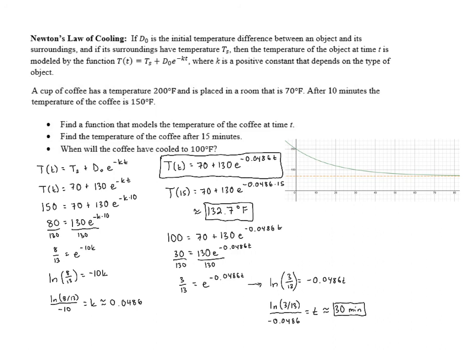But if we have just two temperature readings, the initial reading and then the reading several minutes later, that's enough information for us to solve for that constant and figure it out. And once we've done that, we know everything we need to know about that temperature function and how the temperature is going to change over time.